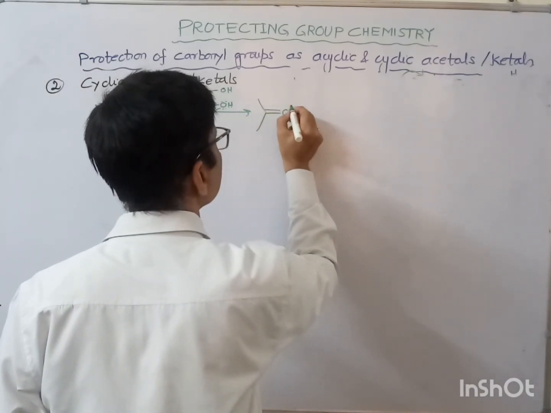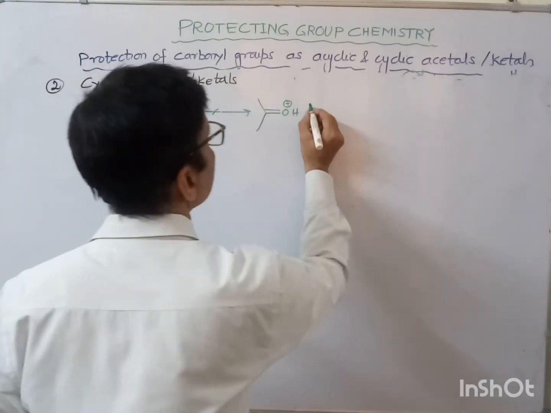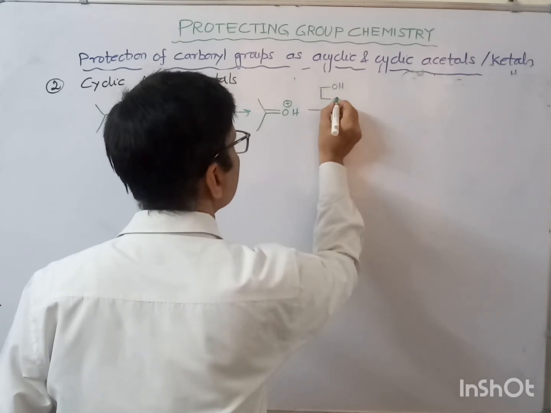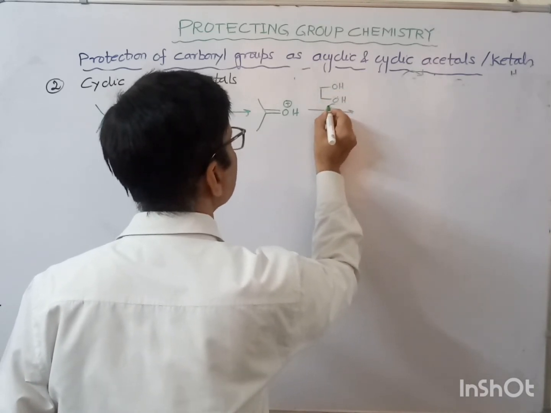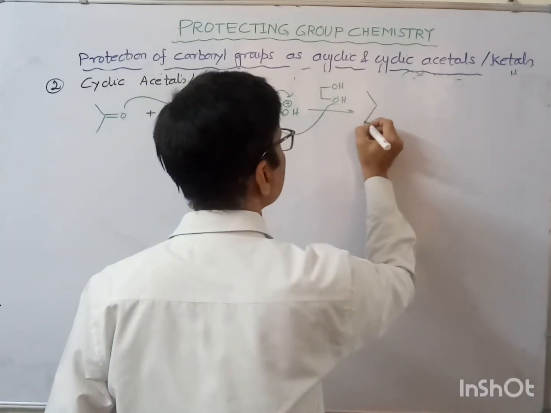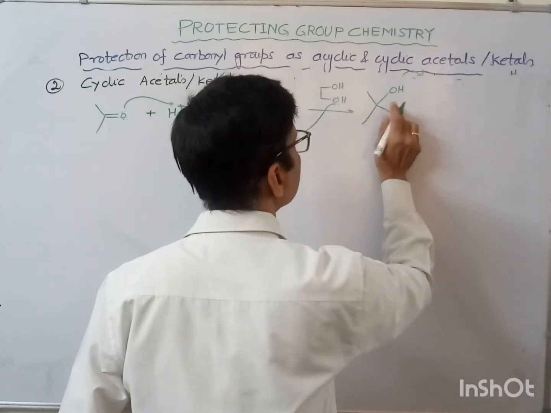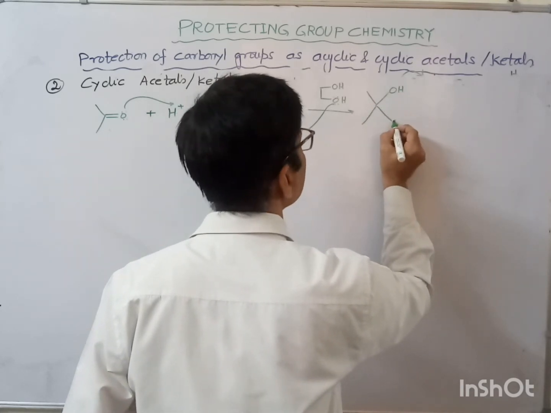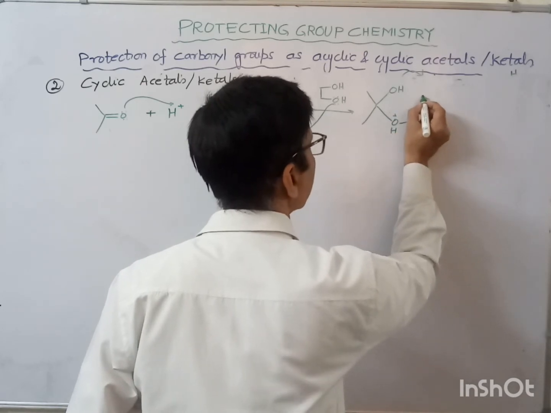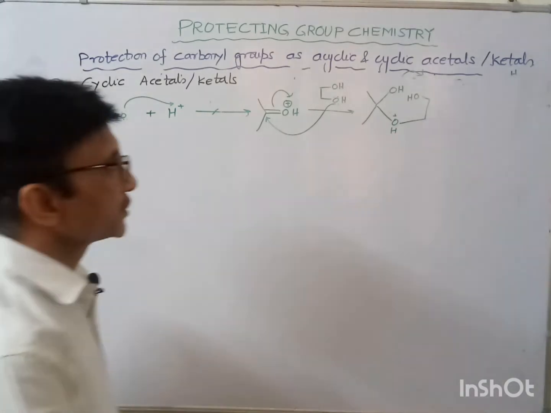So let's first write this one. Positive charge over here, and now the diol will act as a nucleophile and attack this electrophilic center. The positive charge is neutralized and we have this OH and OH.